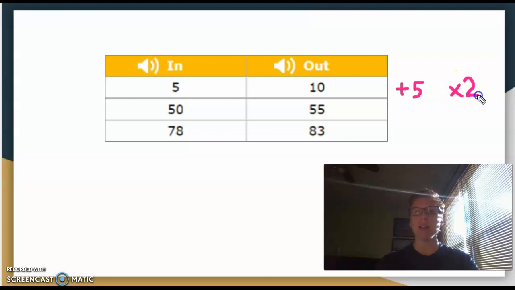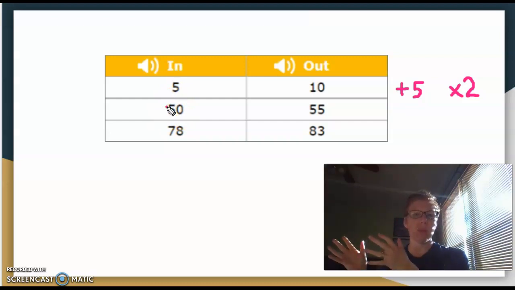And now I need to decide if that rule is going to apply to the next number, because remember, the rule is the same on all of the numbers on the left side. So the next number over here is 50. 50 is going to go into the machine, something's going to happen, the rule is going to apply, and then out it's going to pop 55. Well, let's look at the rule.